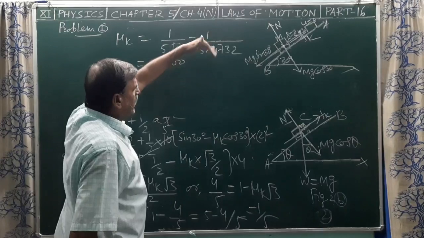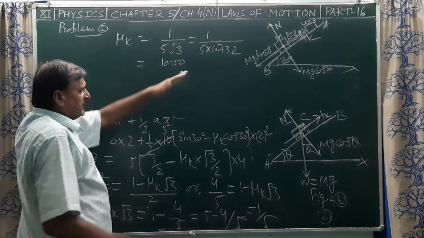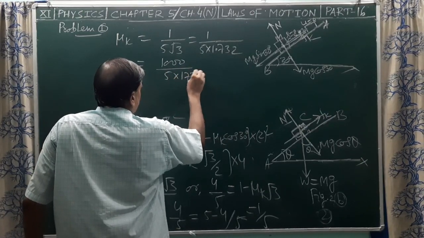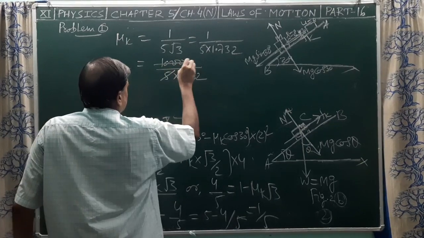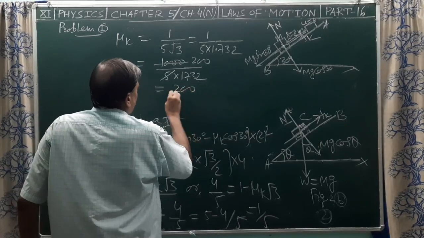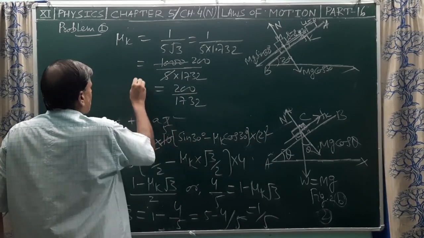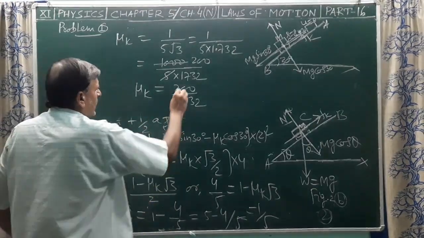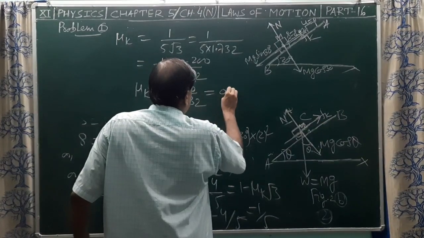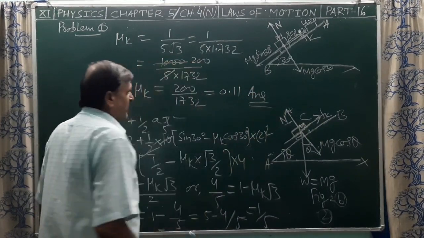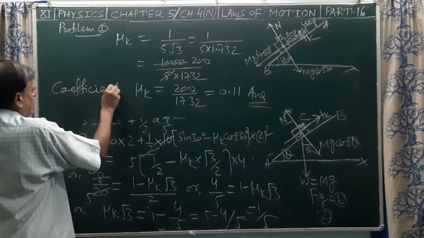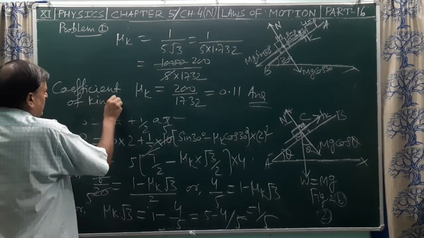The value of root 3 is 1.732, so multiply by 1000, and the numerator becomes 1732. So 1000 upon 5 multiplied by 1732, and 1000 by 5 will cancel, that is 200, that is we have 200 upon 1732 as the coefficient of kinetic friction. After dividing 200 by 1732, we will obtain 0.11. This is the coefficient of kinetic friction between two surfaces. Mu k is equal to 0.11, coefficient of kinetic friction between two surfaces.